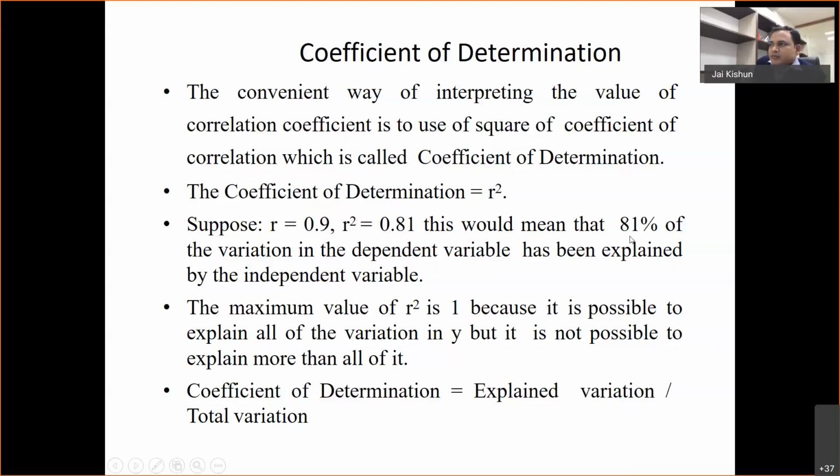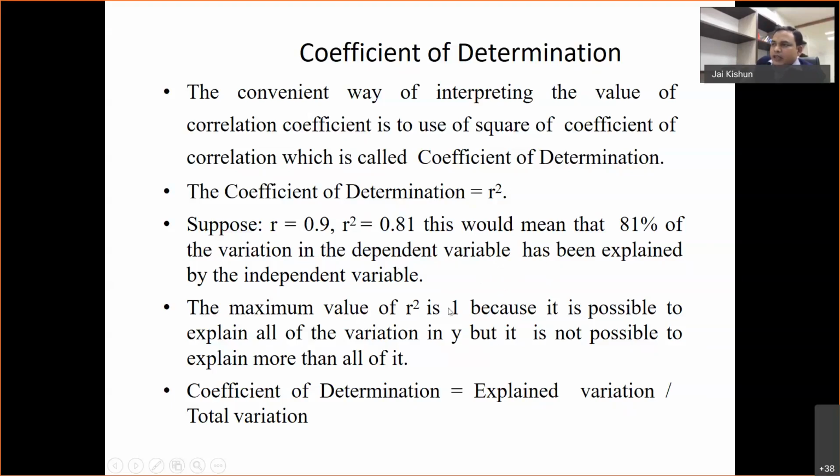This means that 81% of the variation in the dependent variable is explained by the independent variable. This is the interpretation of the coefficient of determination.